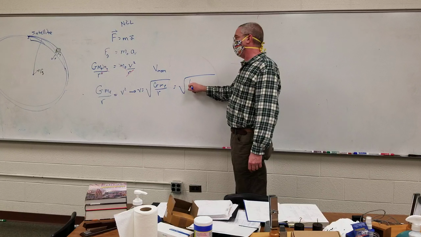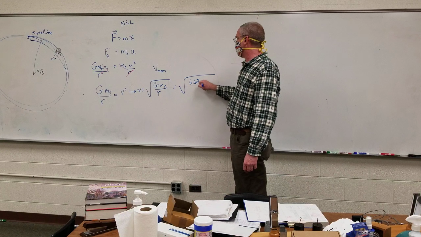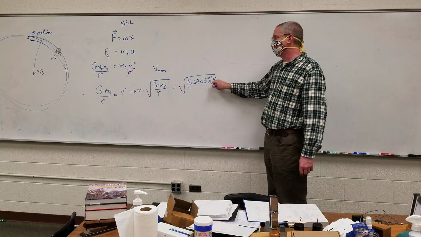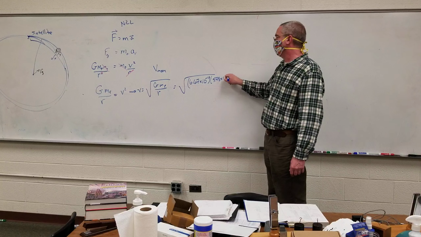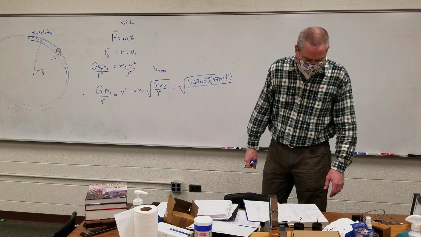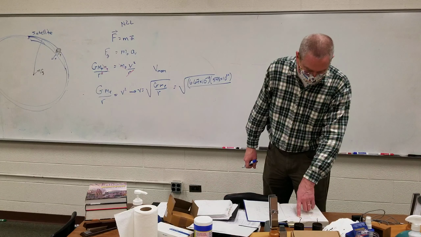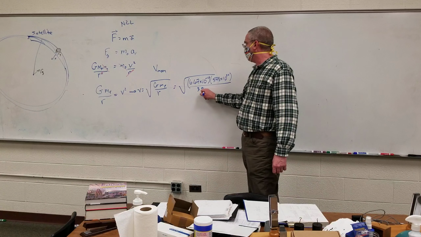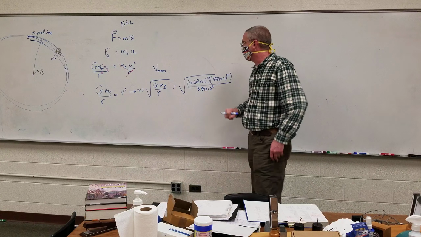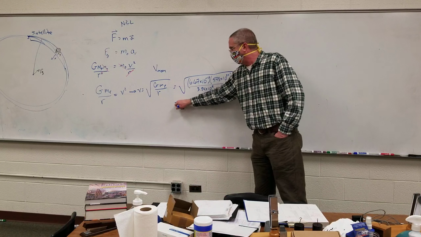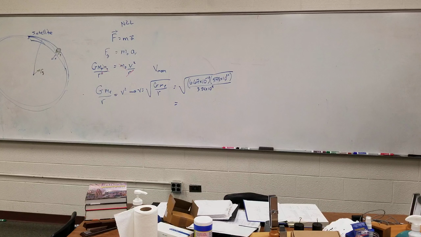So that's the square root of, everyone's favorite constant, 6.67 times 10 to the negative 11th, times mass of the Earth, 5.98 times 10 to the 24th, divided by the Earth-Moon distance, 3.84 times 10 to the 8th. So let's figure out how fast our moon has to be traveling to be traveling at that distance.